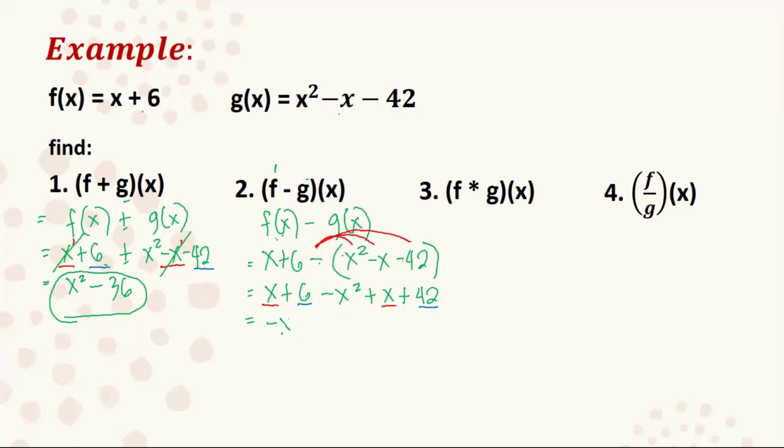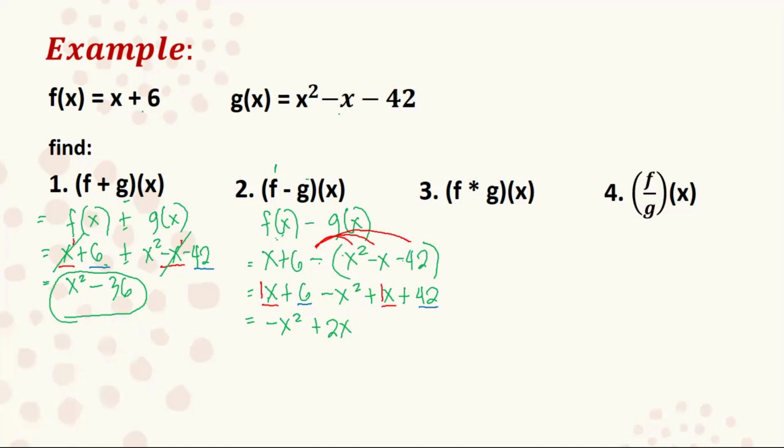So we just copy it. Then x plus x is 2x. Bakit naging 2x? As I told you, if the numerical coefficient of a variable or of a term is not visible, it is understood to be 1. So 1x plus 1x, we get 2x.